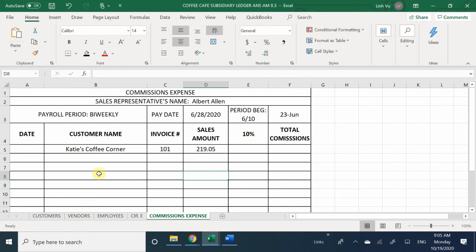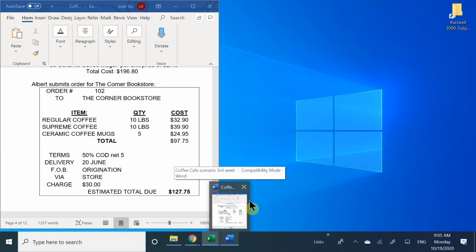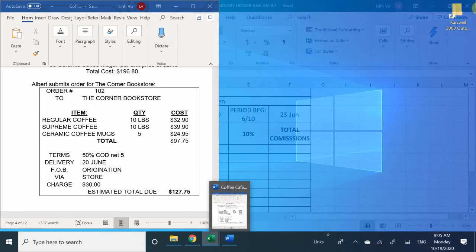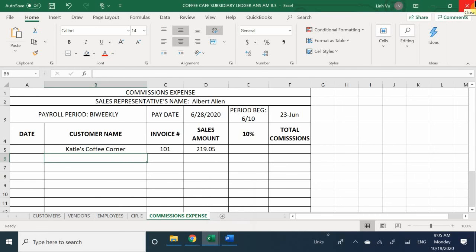So here we have a different person. Who's this different person that he wrote an invoice to, or that he's putting an order for? The Corner Bookstore. Potentially this is supposed to be invoice number 2.